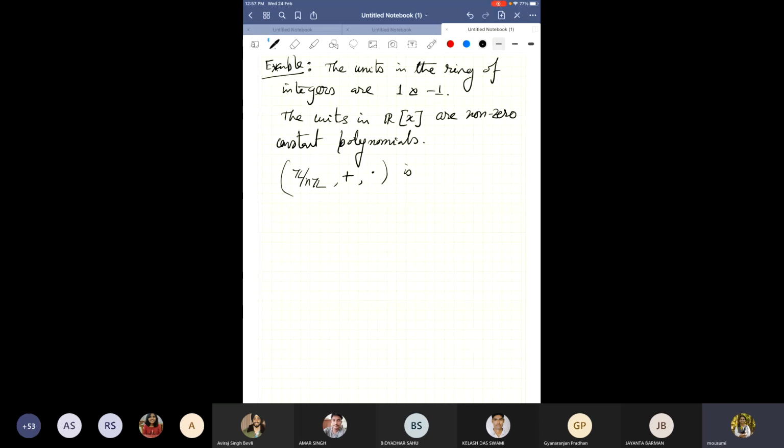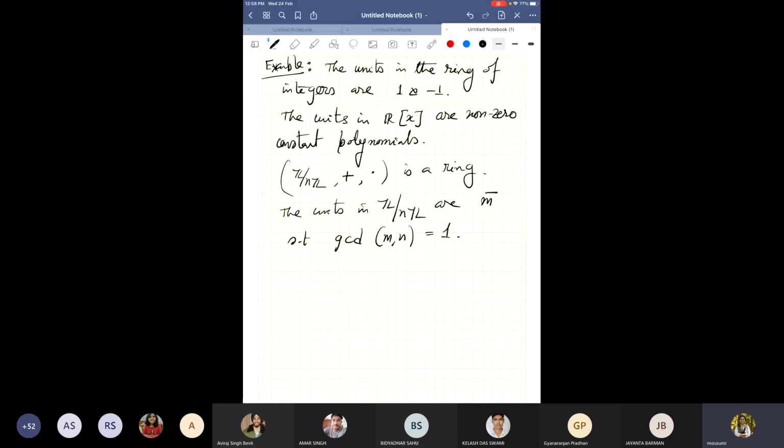This is a ring. What are the units in Z quotient nZ? The elements with GCD 1 with n are units, as those elements have an inverse. The units in Z quotient nZ are m bar such that GCD of m and n is equal to 1.